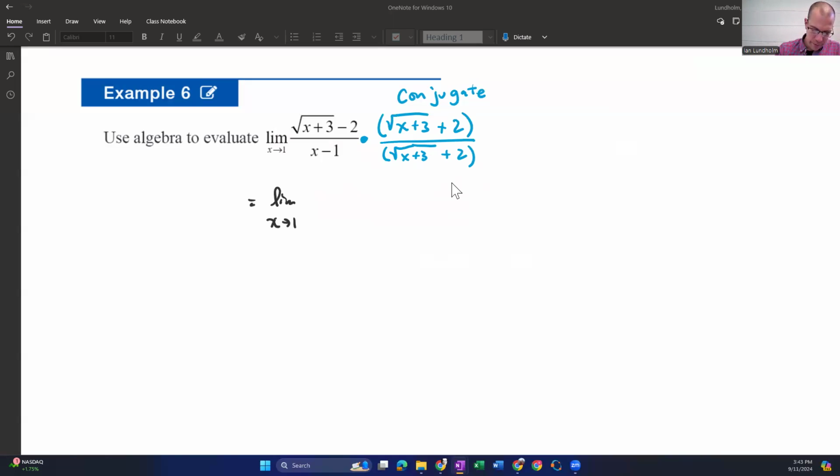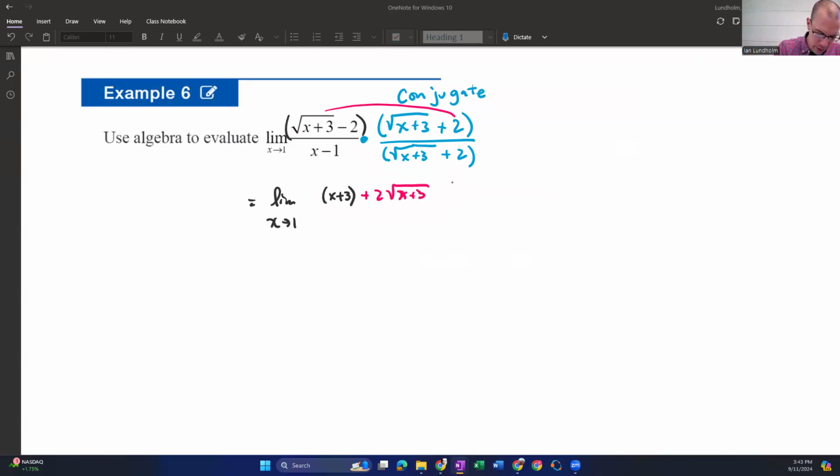So if we do the square root of x plus 3 times the square root of x plus 3, we're kind of doing FOIL now. We're using the distributive property on top. We're going to get x plus 3 as our first factor. Then when we do the outsides, we're going to get plus 2 square root of x plus 3.